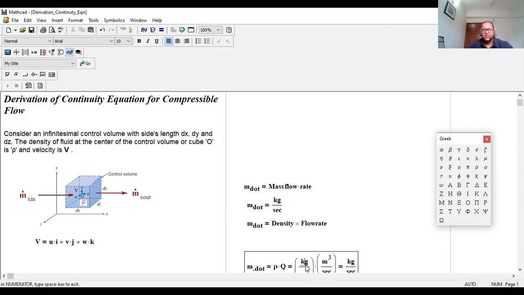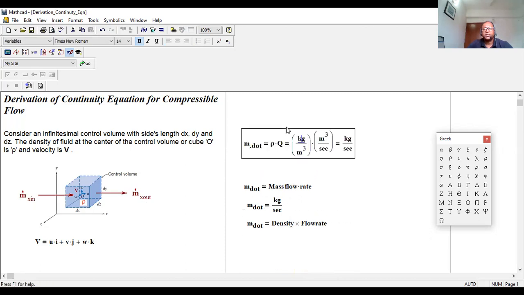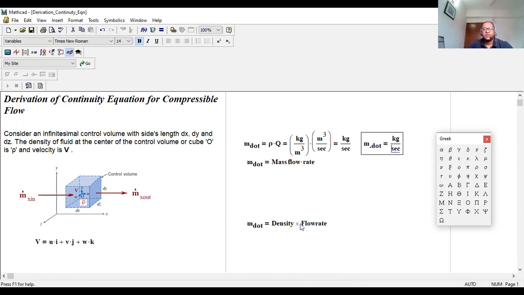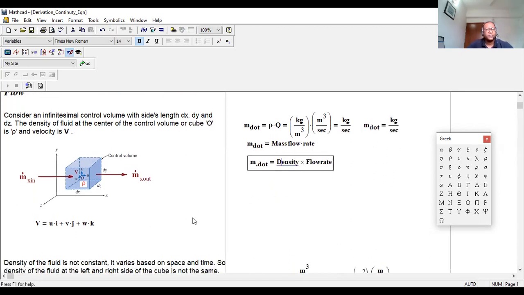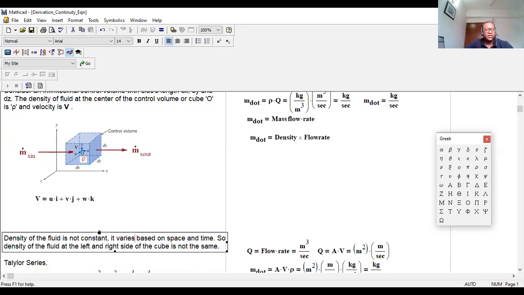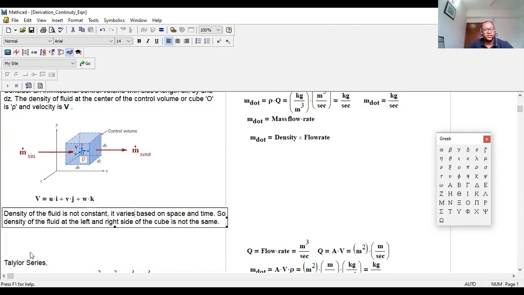And right over here, I just try to show you that if you multiply q into rho, you get m dot. That's showing the unit. And m dot is called the mass flow rate, with unit kg per second. Now, the density of the fluid is not constant.